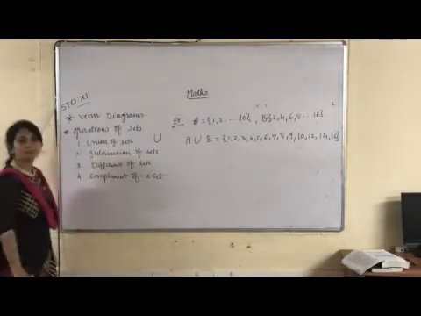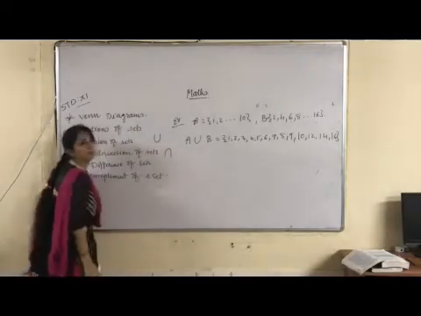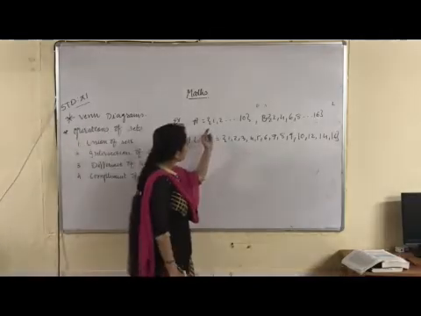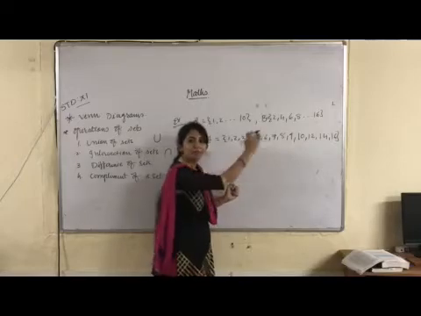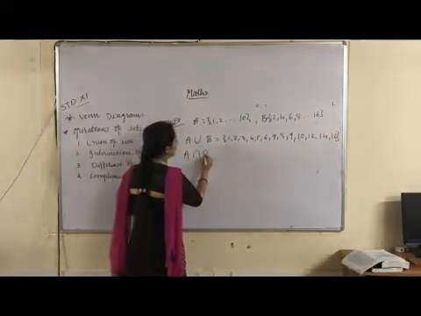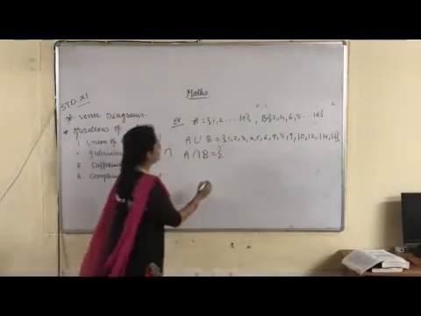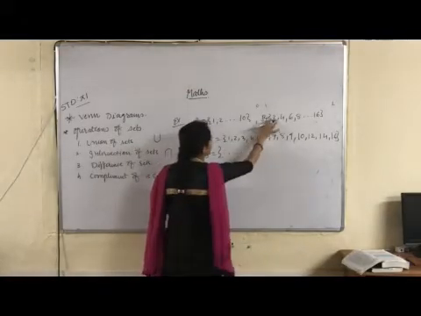Next one is intersection. Intersection is denoted by an inverted capital U. What is an intersection? In an intersection, from sets A and B we have to take out the common elements. Which are the common ones? So how do I write A intersection B? 1, sorry, 1 is not there because this one is a set of even numbers.